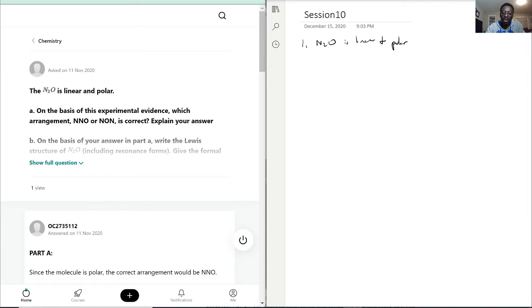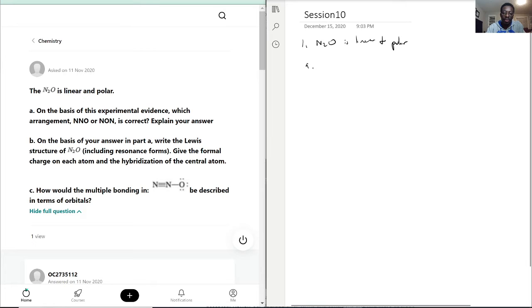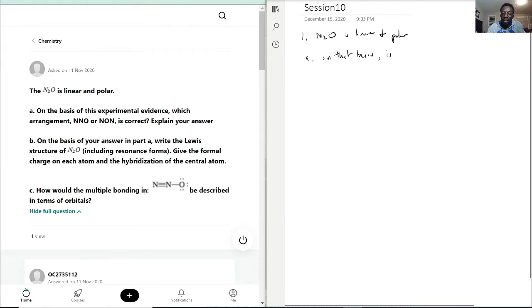On that basis, is it going to be NNO or NON? Explain the answer. Let's tackle this one first, actually, just because we can figure that out straight from the question.